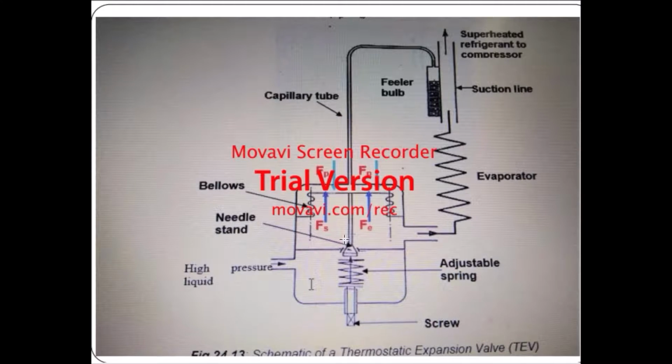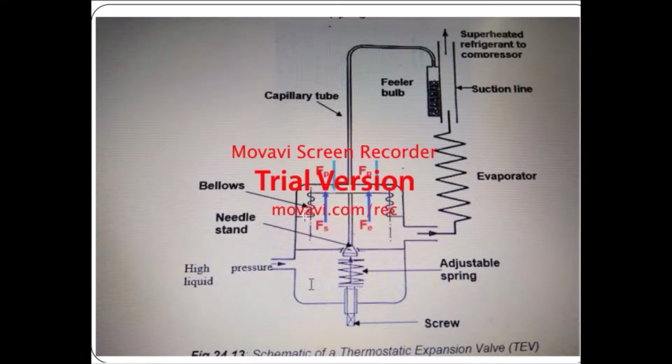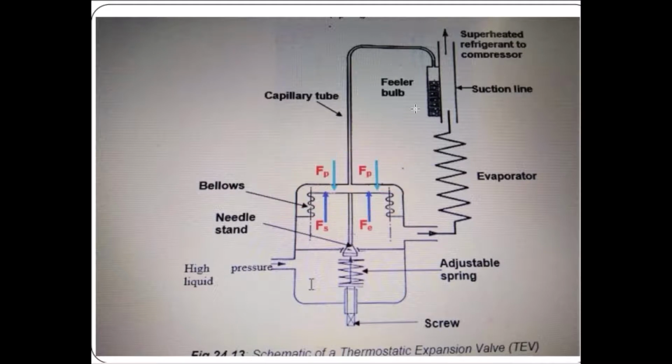Okay, the needle is within this spring, this one is the needle, this one the diaphragm, which controls the volume of the diaphragm. So the spring will control the pressure. What the capillary tube does is control the temperature output from the valve.